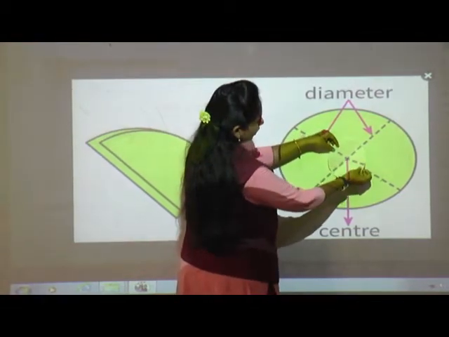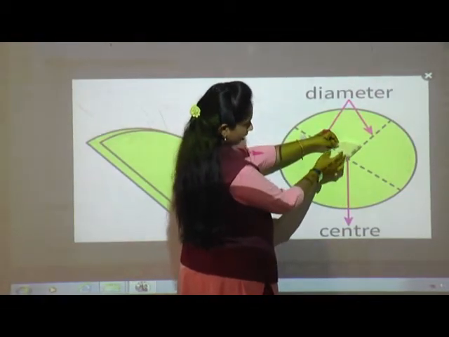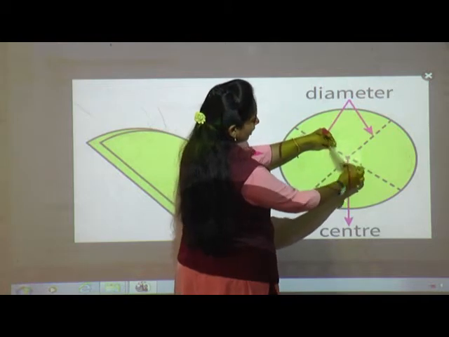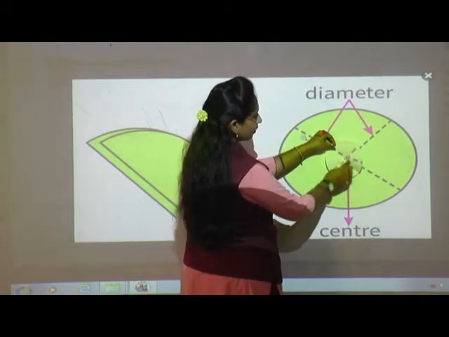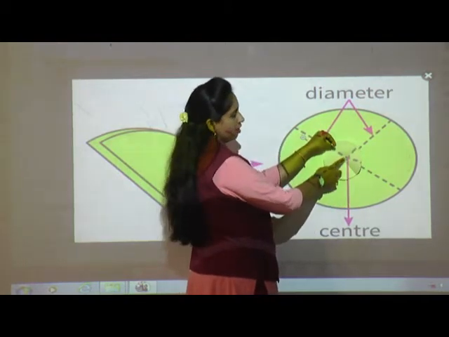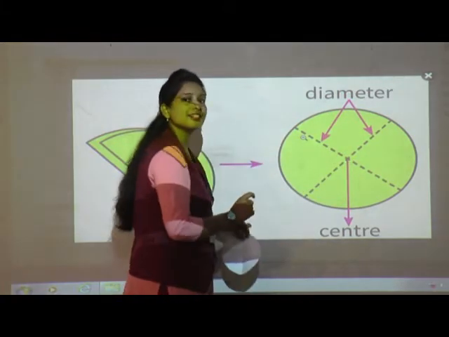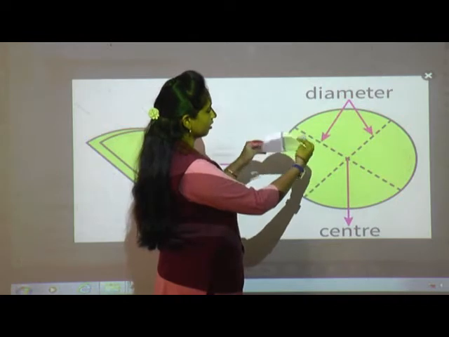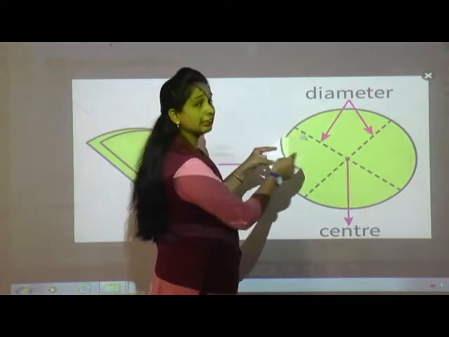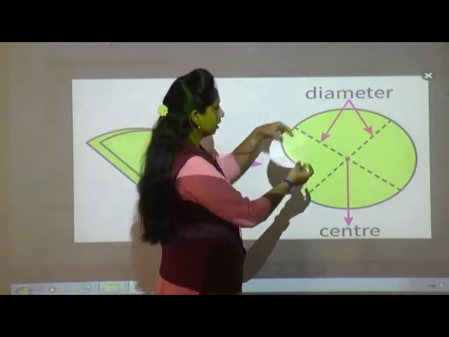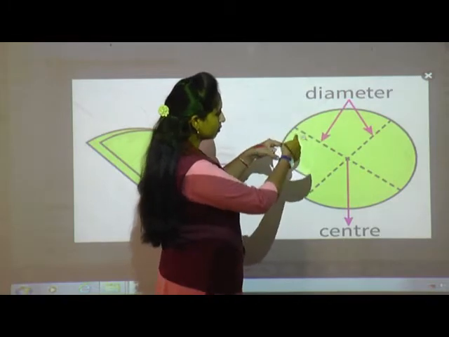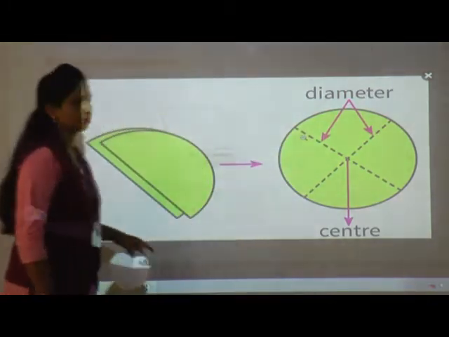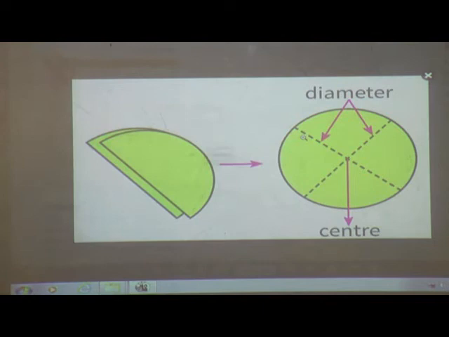We have folded in this way, we got a semicircle. Again I folded in this way, then we got one center point. So this is the center of the circle. So in the beginning I said, when we fold the semicircle, we get the middle line fully, that is the diameter. So the diameter will be in this way also, in this way also. Got it?